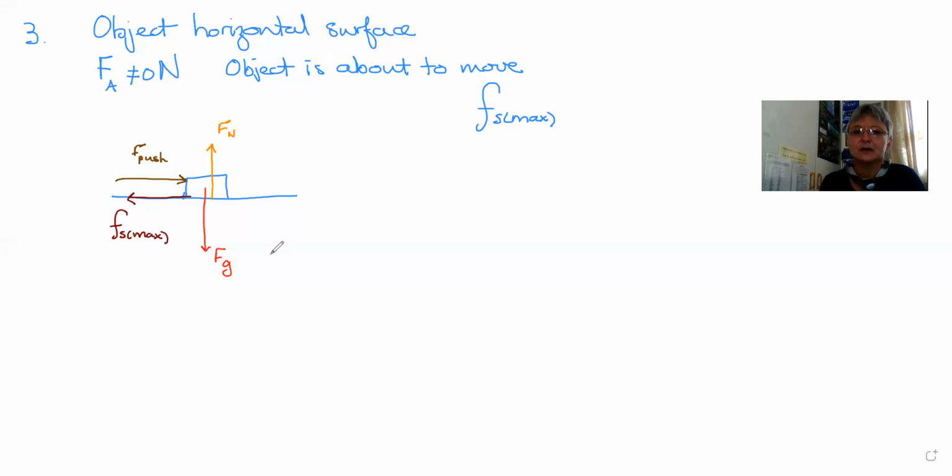Now here things are starting to become a little bit more complicated because the F push is in equilibrium with the Fs max.